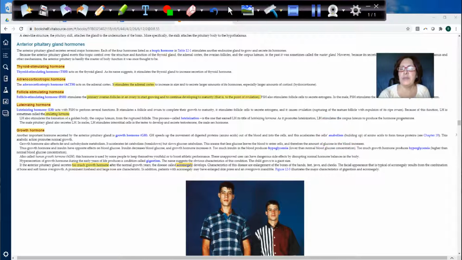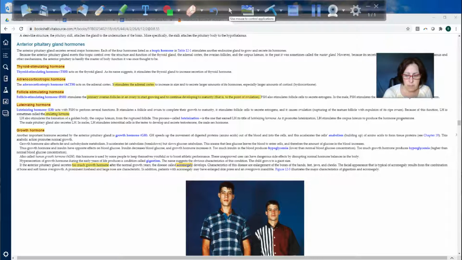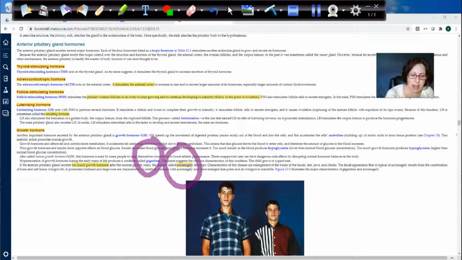So, two diseases they throw into here are gigantism and acromegaly. And both of these diseases are from too much growth hormone. The difference between these two diseases, however, is how that growth hormone affects the body. If this growth hormone is before puberty, it creates gigantism.